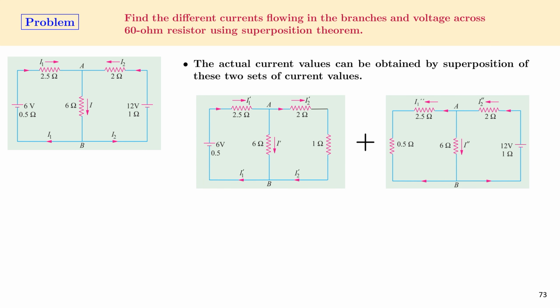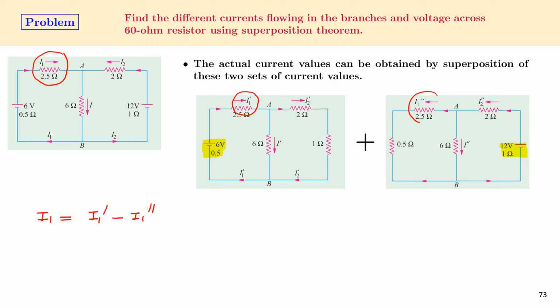So we have analyzed the circuit with a single power supply at a time. In the first circuit we only had the 6 volt supply, and in the second circuit we only had the 12 volt power supply. Now according to the superposition theorem, these two circuits will combine to result in the circuit that is given in the problem. Therefore, I1 is given by I1 prime minus I1 double prime.